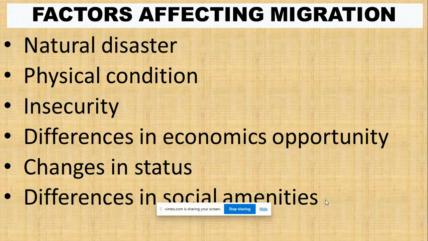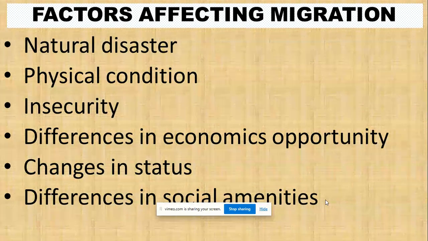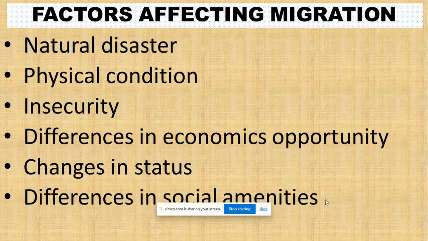Then change in status, differences in social amenities such as hospitals, roads, electricity, schools. So when there are differences in all these social amenities, people can decide to move from where they are living for the betterment of their lives.